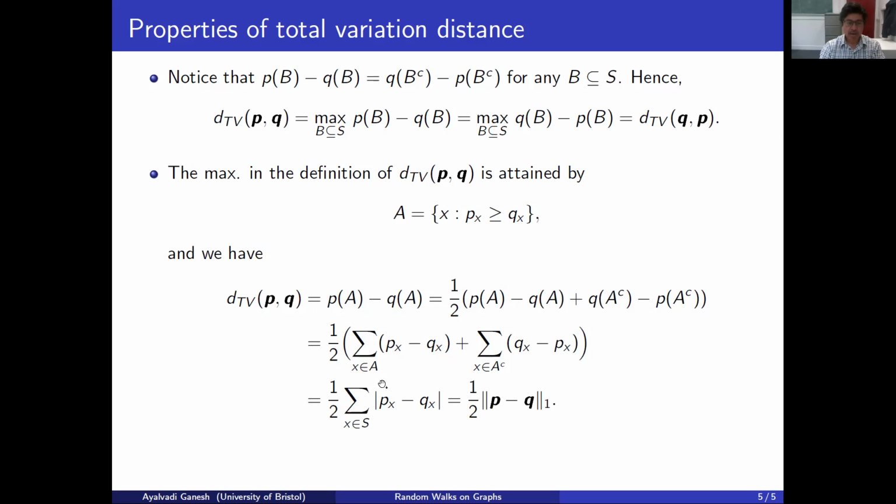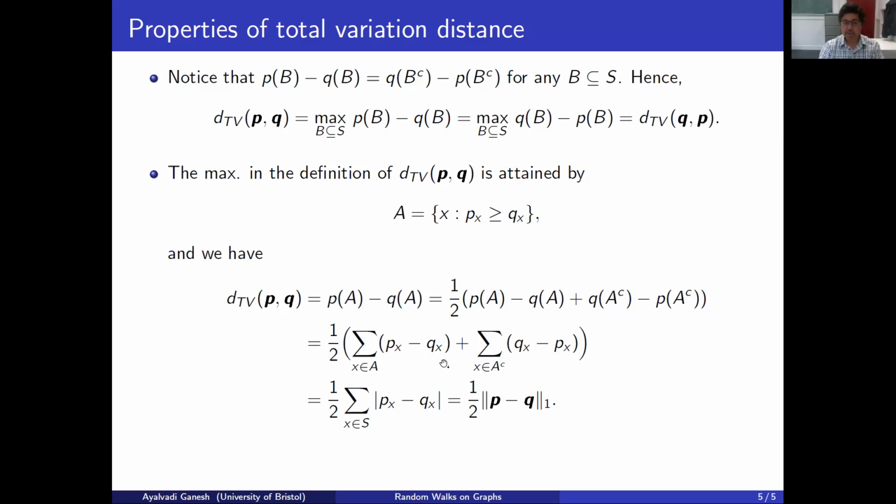And so that's half the sum over, now PA is the sum over x in A of Px minus Qx. And similarly, in A complement, we are subtracting Qx minus Px. And A was defined as the set where this difference was non-negative, and on A complement, the reverse difference is non-negative.